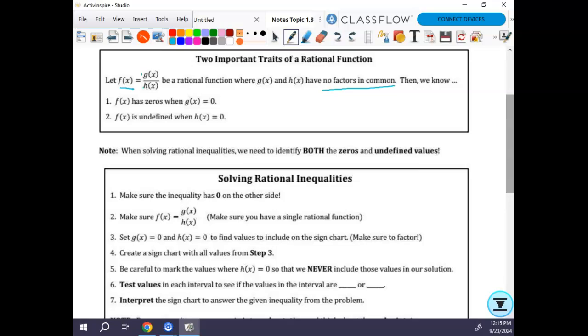When that happens, then f of x has zeros when g of x equals 0. g of x is the numerator, so basically that is the zeros of the numerator. Okay. Zeros of the numerator. That's the zeros of the function. We have talked about this as well. And f of x is undefined when h of x, or the denominator, is 0.